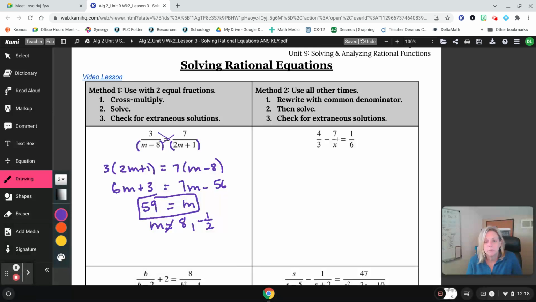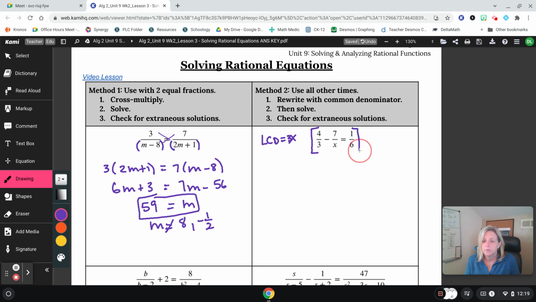In the second example, you'll see that on the left side of the equation, we have two fractions that are subtracted. So we can't do cross multiplication yet. We have to rewrite this left side with a common denominator, which is what we reviewed in our previous video. My LCD for the left side is going to be 3x. But if I look at all three fractions, I can eliminate the fractions in one step.